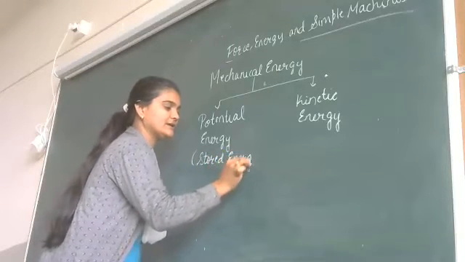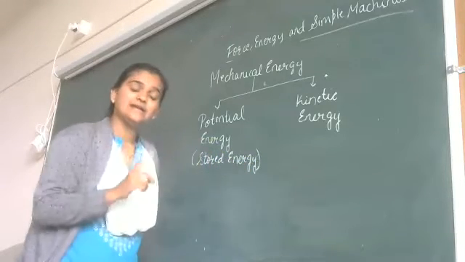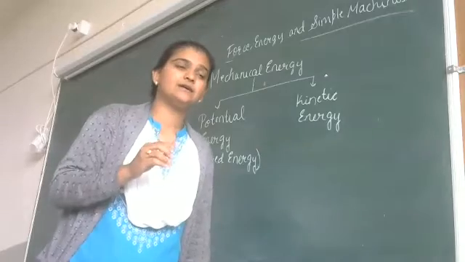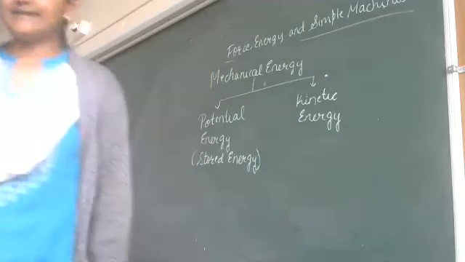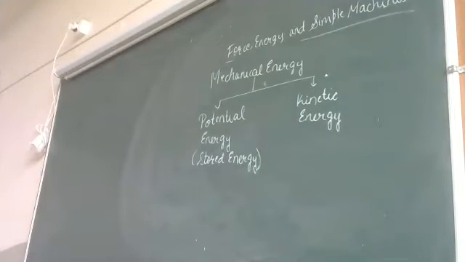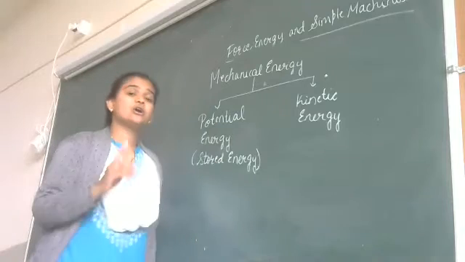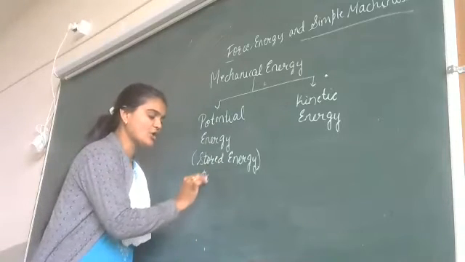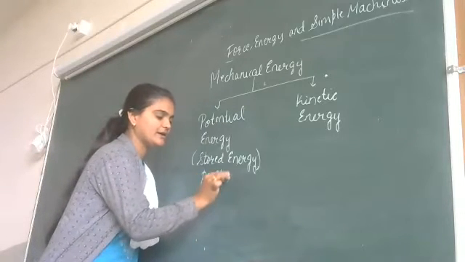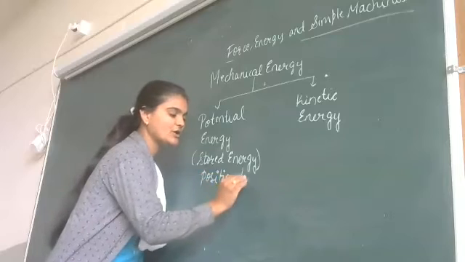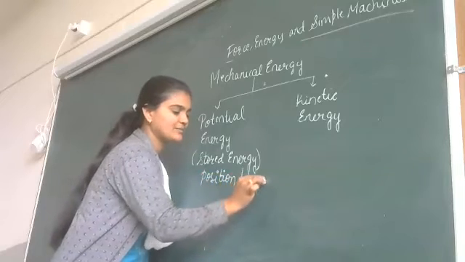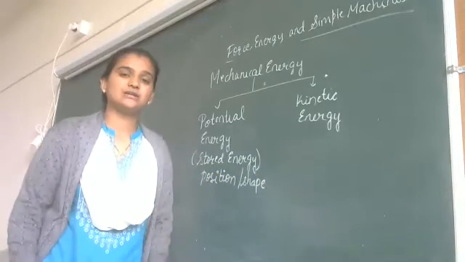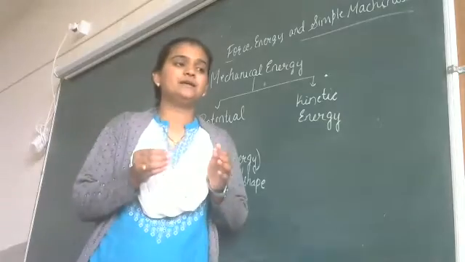Potential energy is known as stored energy. It is the energy gained. Yes, it is the energy in an object. Please wait, children. The energy stored in an object because of its position or shape is known as potential energy.